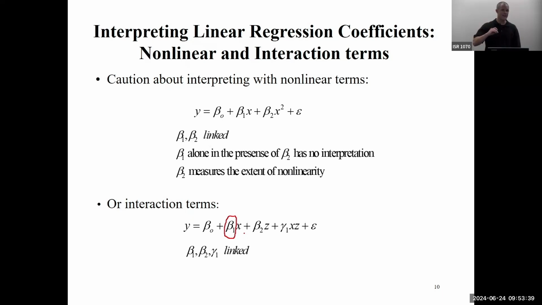All it takes is any non-zero value of z, and the relationship of x with y depends on that value of z. Okay? So I can't talk about an overall relationship of x with y. The relationship of x with y depends on my choice of z. And beta 1 is only the conditional relationship of x with y when z is exactly equal to 0.